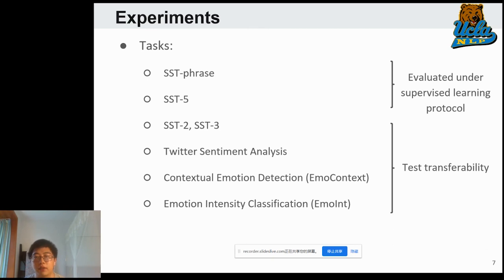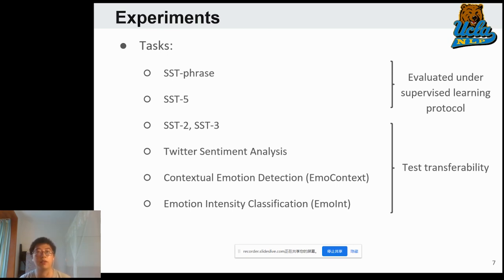Then we conduct experiments under two settings. In the first setting, we evaluate SentiBERT under a supervised learning setup to show that the model is able to capture the compositionality of sentiment labels. Specifically, we conduct experiments on SST phrase, a 5-class phrase-level sentiment classification task that requires predicting the sentiment of all the phrases on the binary constituency tree.